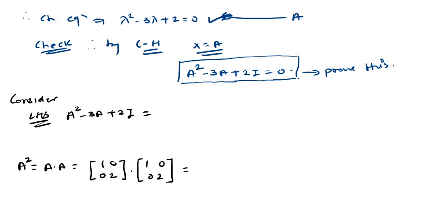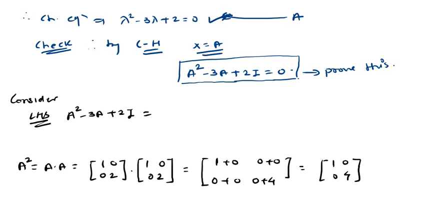Solving this matrix, see, this will be 1 plus 0, 0 plus 0, 0 plus 0, and 0 plus 4. So this is equal to [1 0; 0 4]. Okay, so we got the square of the matrix.